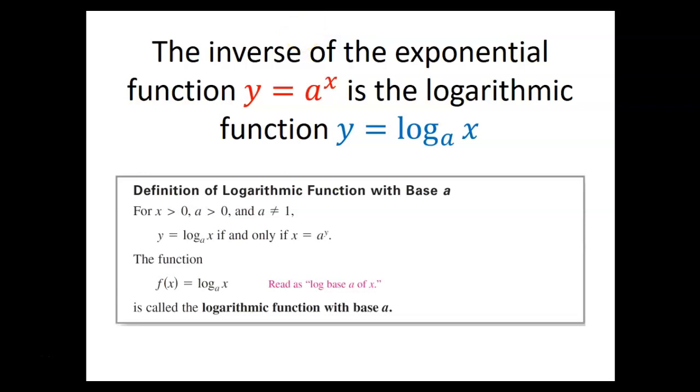And the inverse is a logarithmic function. The inverse of the function 3 to the x would be log base 3 of x. The inverse of the function 2 to the x would be log base 2 of x. The inverse of the function 4 to the x would be log base 4 of x.